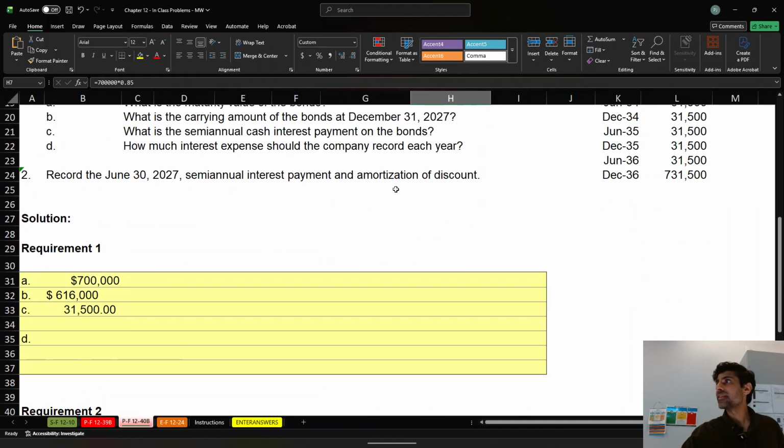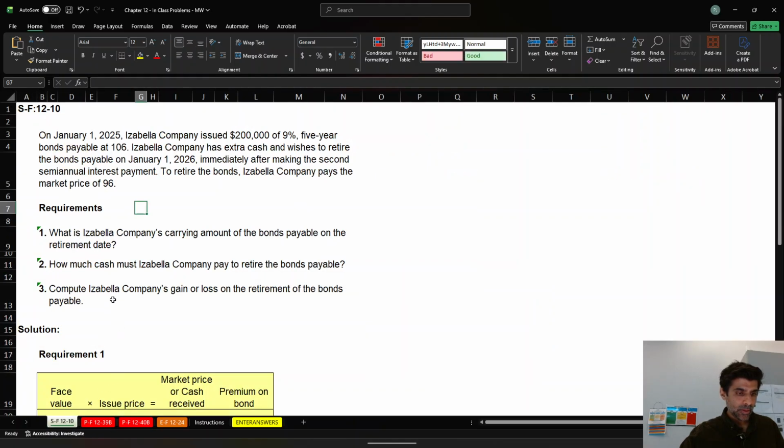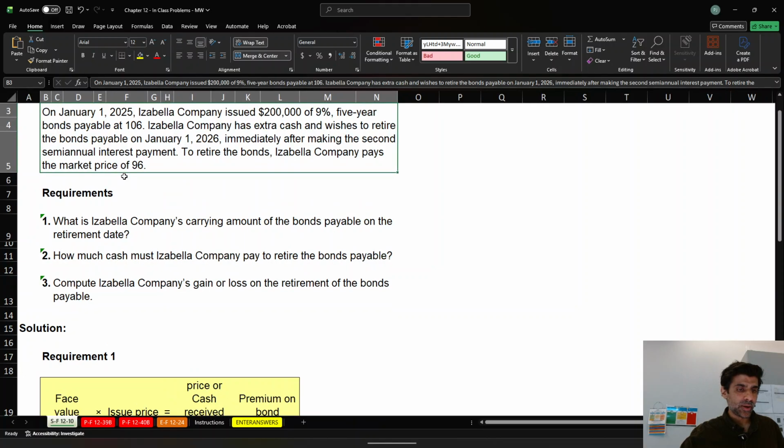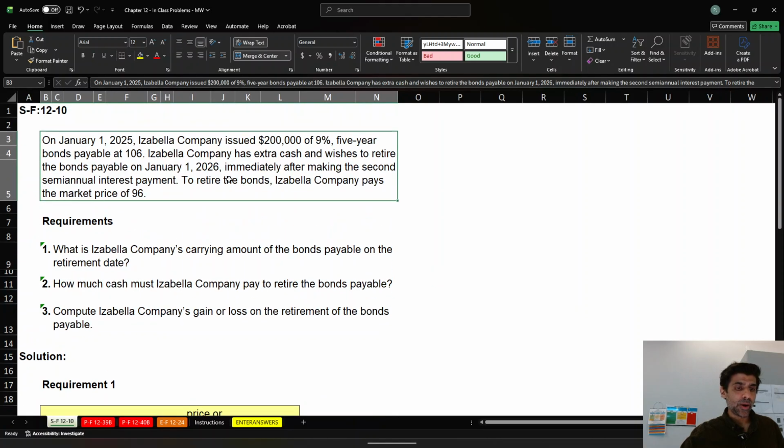Any questions on this? No? Okay, good. Let's do 12-10. In this case, we issued a bond, and we now want to retire the bond a year later. It's immediately after making the second semi-annual interest payment, so you don't have to worry about a partial year amortization calculation because it's happening on the same day as the interest payment.